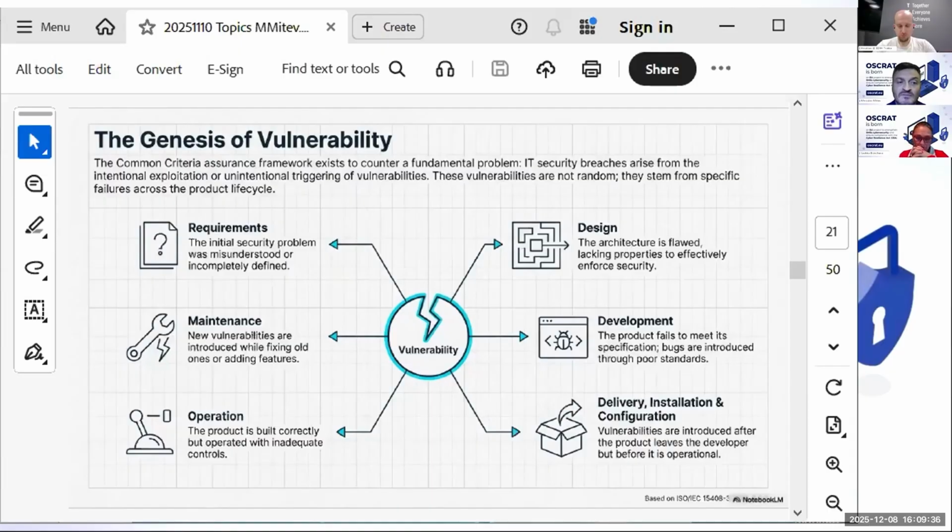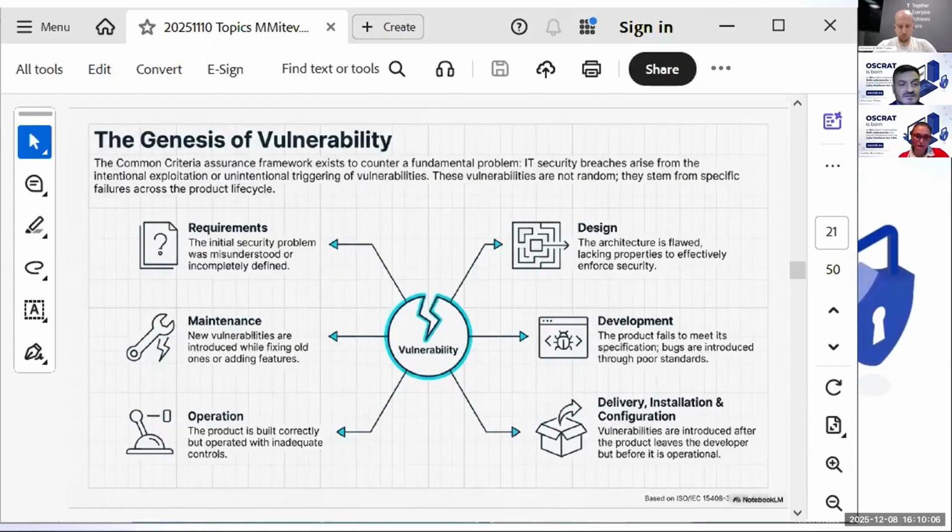If the requirements are not defined well, developers may build the wrong functions. If the design is weak, the architecture will not defend itself. During development, poor coding practices introduce risks. When the product is installed or configured incorrectly, new vulnerabilities appear.